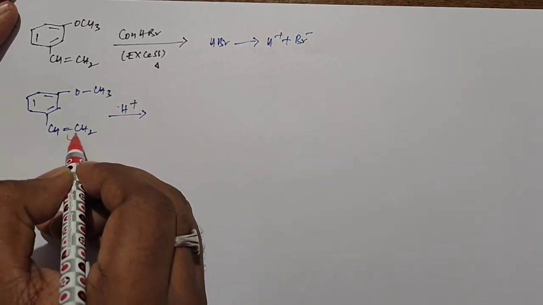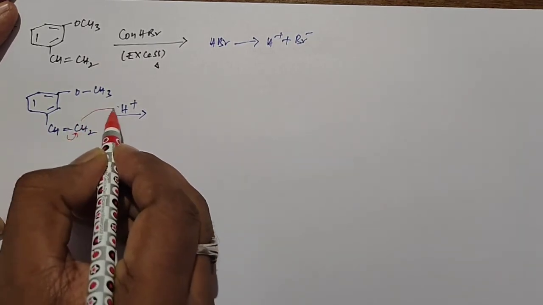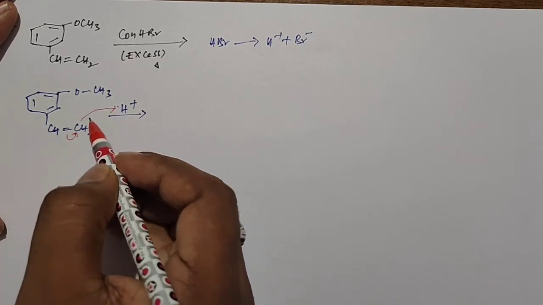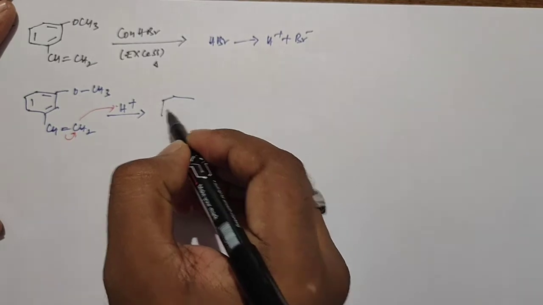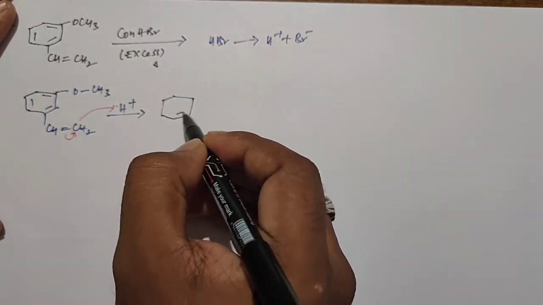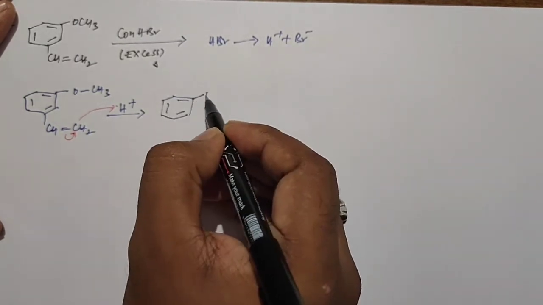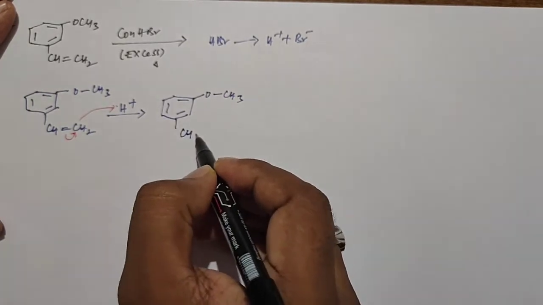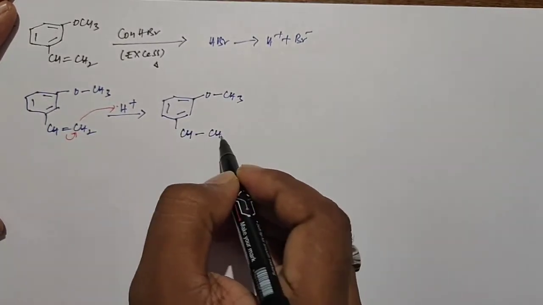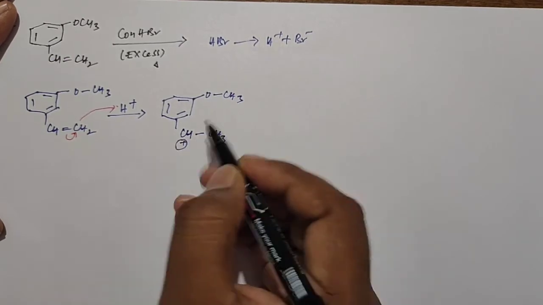At that time, the pi electrons shift towards this carbon, and this carbon can make the bond with the proton. Then we get the product like so. This is the product.